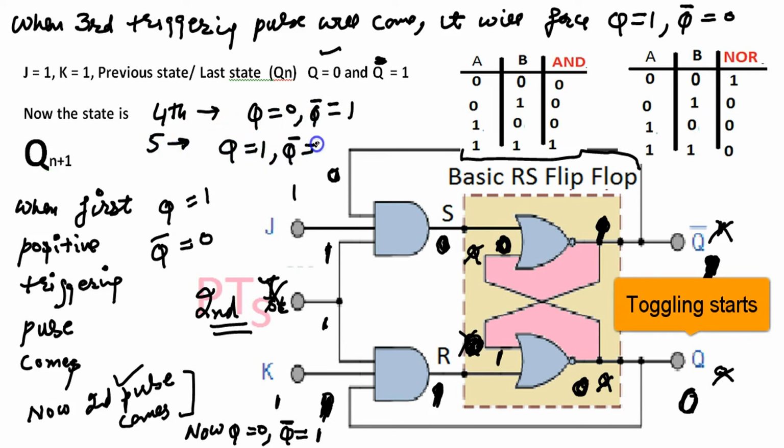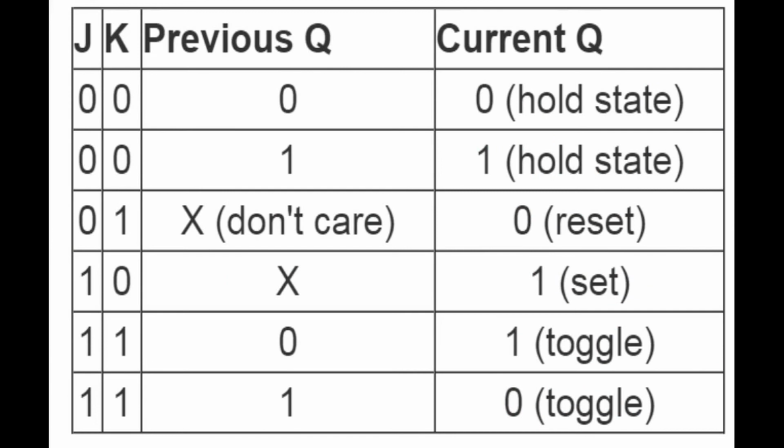So each time a pulse comes, it toggles. This is the very beauty of the circuit. Now J equals 1, K equals 1 is not illegal. So 0, 0 means the last state exists, whatever it is. 1, 0 is set, and 1, 1 is toggle. This is the toggling state. Okay.